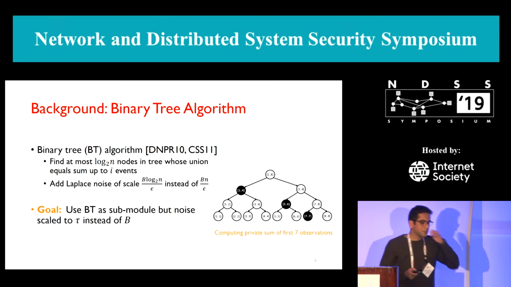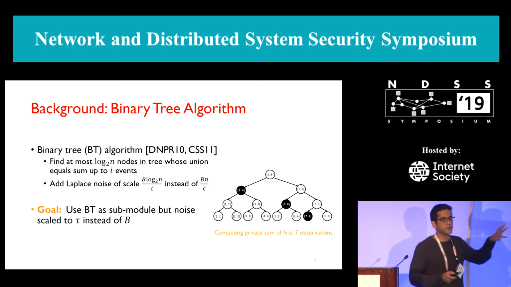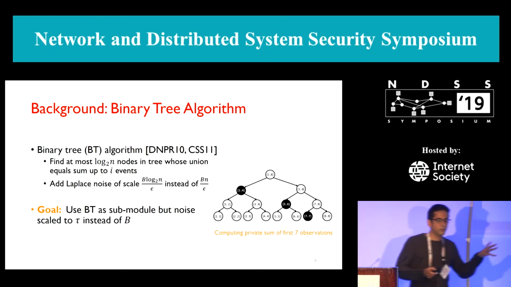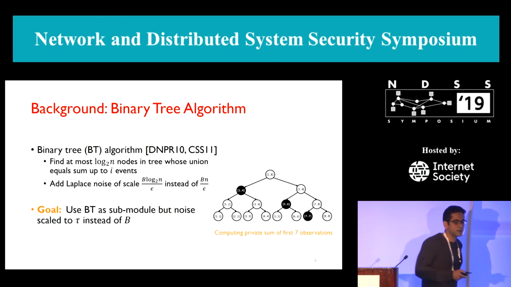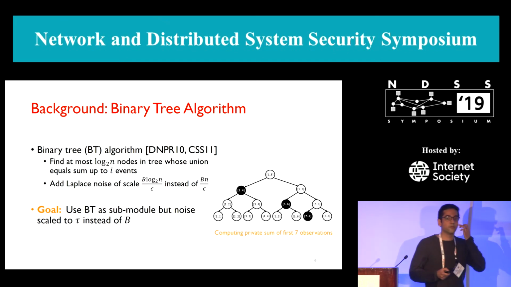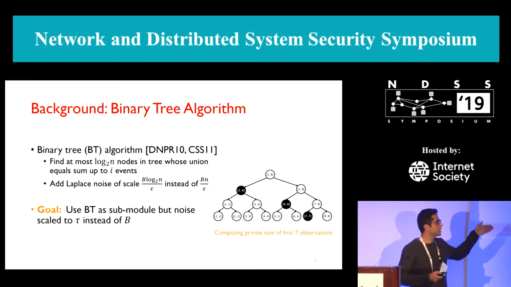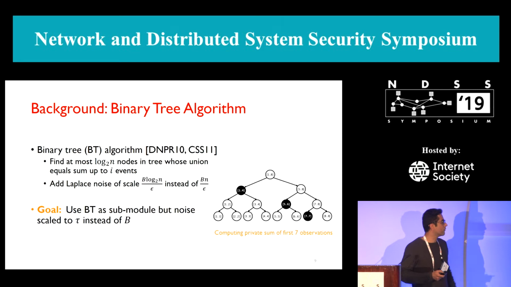So just a bit of background. This is the algorithm that I mentioned before. We use this as a submodule in our algorithm. So basically what this does is if we want to find out the moving average or the sum of the first n readings of a stream, it divides that stream into subsequences in a binary tree fashion of depth log of n.